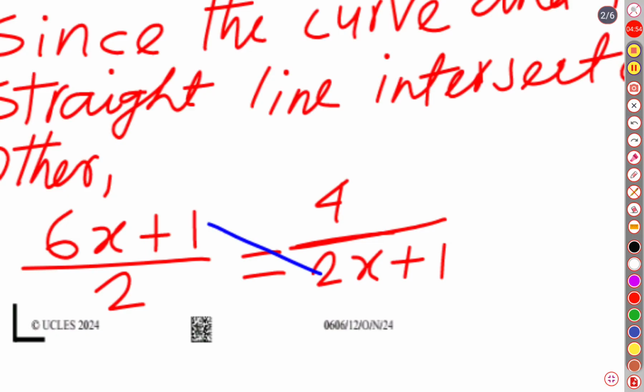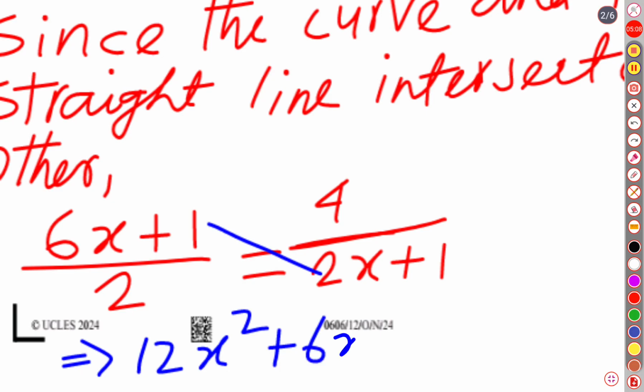After that, it is going to be 1 into 1, equal to 6x into 2x, so 12x square. Then 6x into 1 means 6x. Then plus 2x plus 1 is equal to 8. 4 2s are 8.